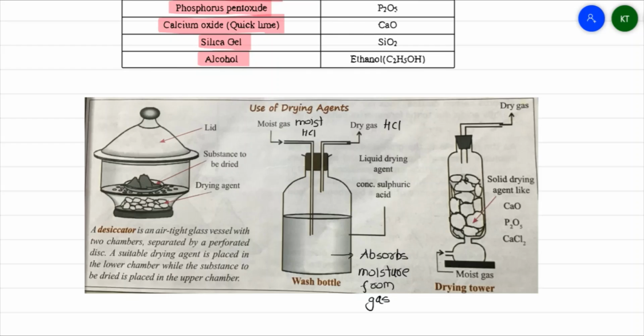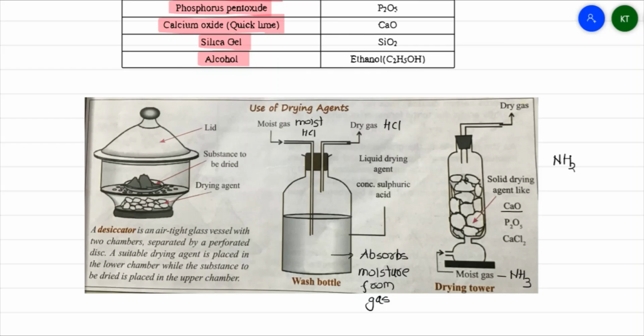Now I have another example. Let us consider a moist gas, ammonia, NH3. This is passed through a tower containing calcium oxide. Here I am taking ammonia as an example.